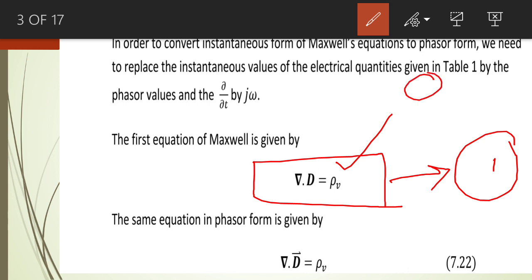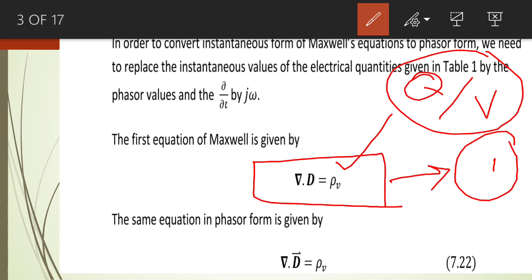And the charge per unit volume is known as volume charge density. So rho v is the volume charge density, that is the charge per unit volume. So equation number 1 gives you the instantaneous form of the first equation of Maxwell.